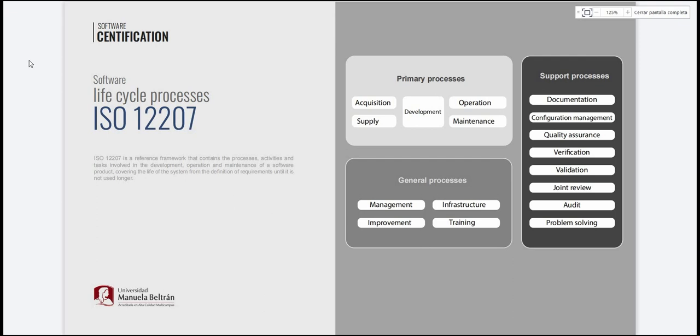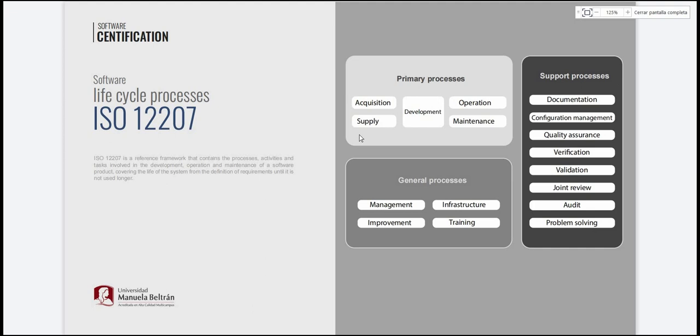The primary process. The primary process is made up of five sub-processes. Acquisition: these are the activities and tasks that the buyer, the customer or user perform to acquire a system, a service or a software product, which are preparation and publication of offers, and software provider selection.